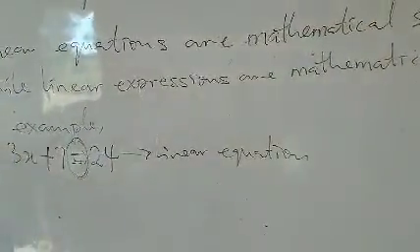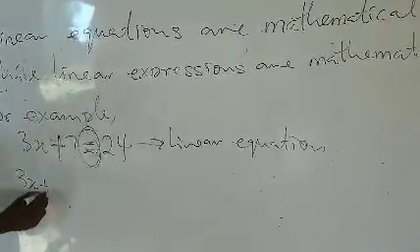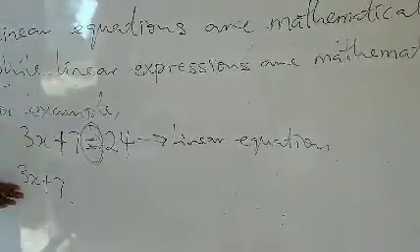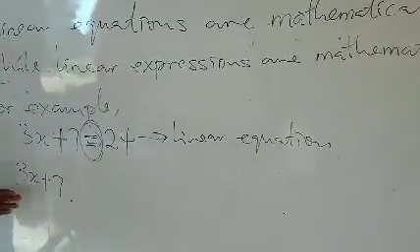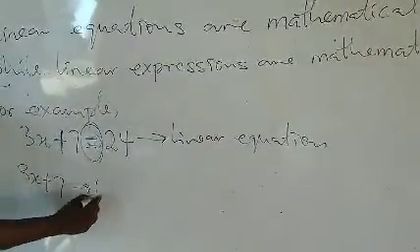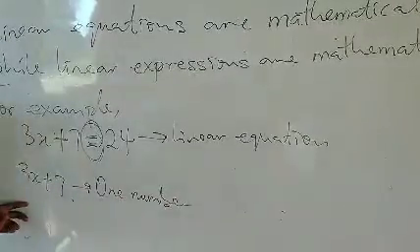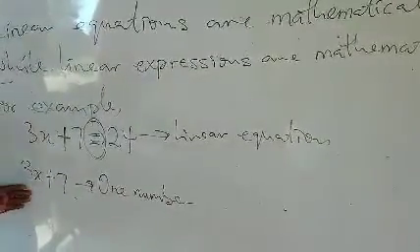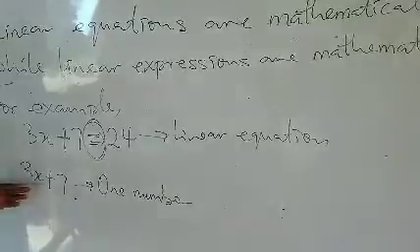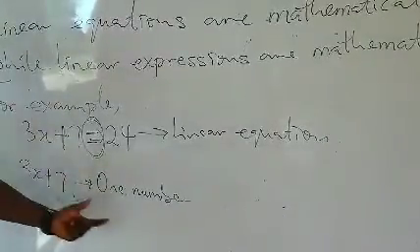This is equals to. But when you talk about a mathematical expression, it is 3x plus 7, which means x multiplied by 3 added by 7. It describes one number. I mean 3x, x multiplied by 3 added by 7, is talking about one number.